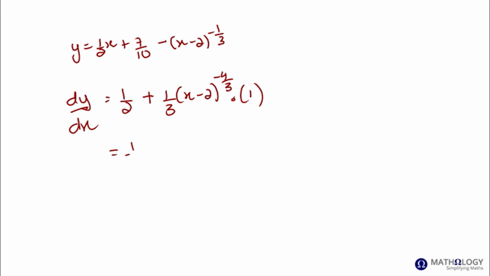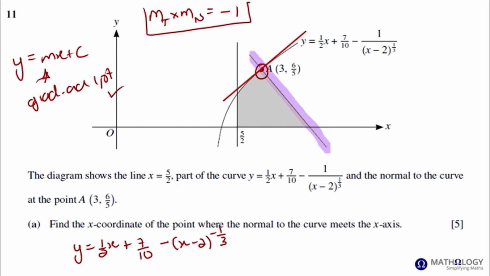So dy dx is a half plus 1 over 3 times x minus 2 to the 4/3. This expression represents the gradient of a tangent to the curve. Specifically, the tangent at A occurs when x equals 3.